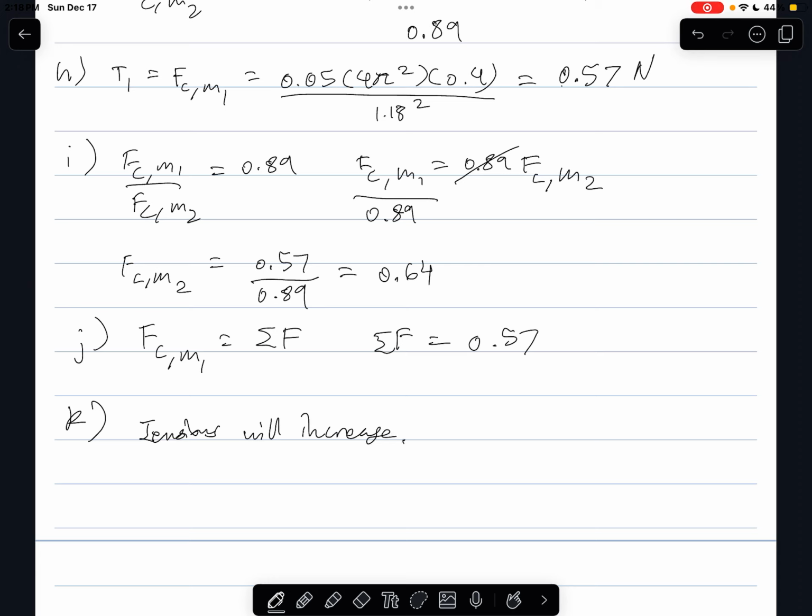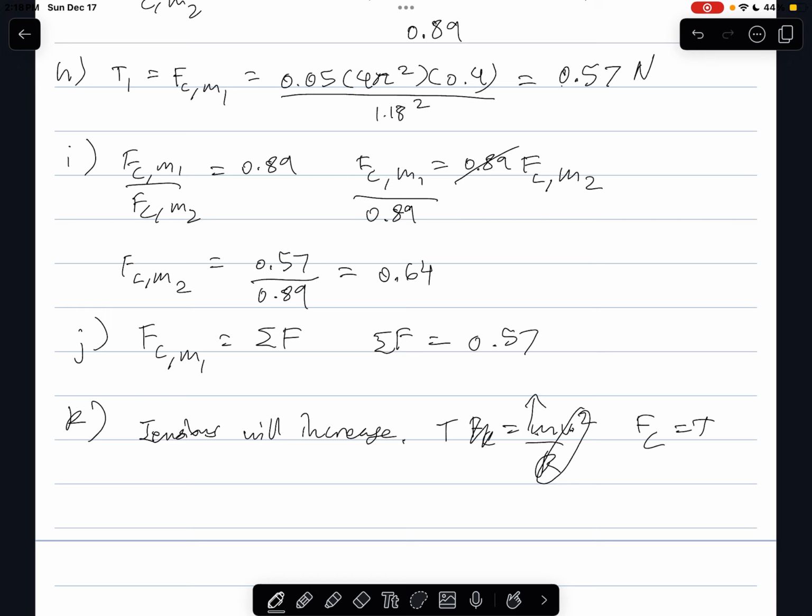Fc equals mv squared over r, and Fc equals T. If mass increases and everything else stays the same, then T will increase.